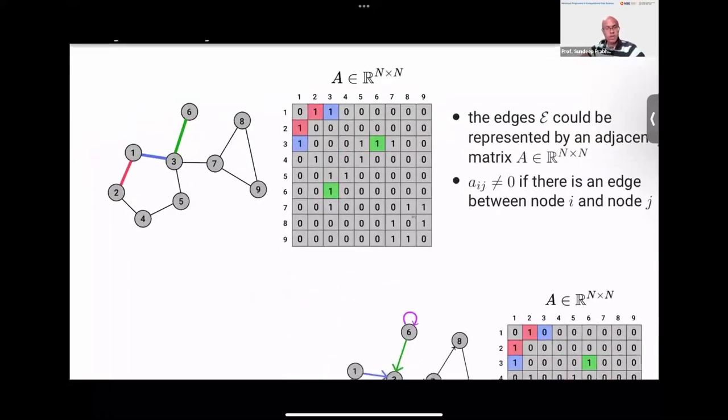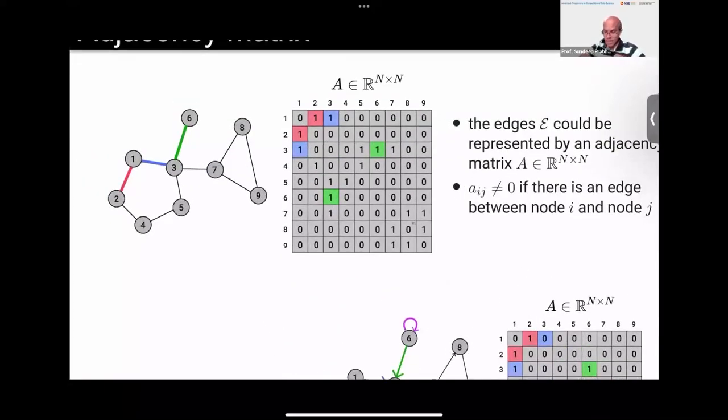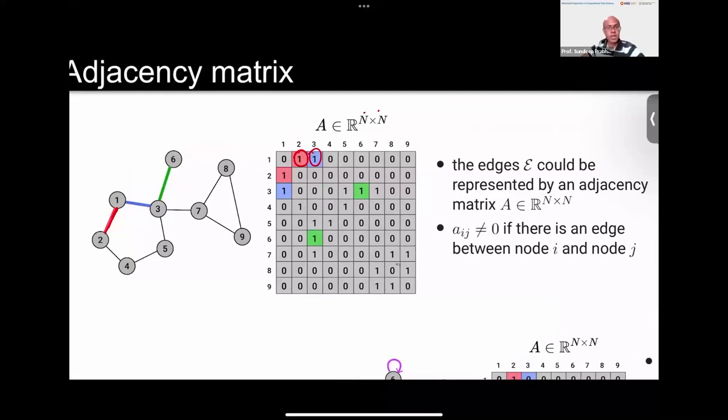An adjacency matrix is of size n times n, the number of nodes times the number of nodes, and has a non-zero entry of 1 whenever there is an edge between two nodes. Between 1 and 2 there is an edge, so a non-zero entry of 1. Between 1 and 3 there is an edge, so again 1, and there are no other nodes that go from 1 other than to 2 and 3, so the rest are all zeros. So you start populating this matrix based on the information in the edge list.